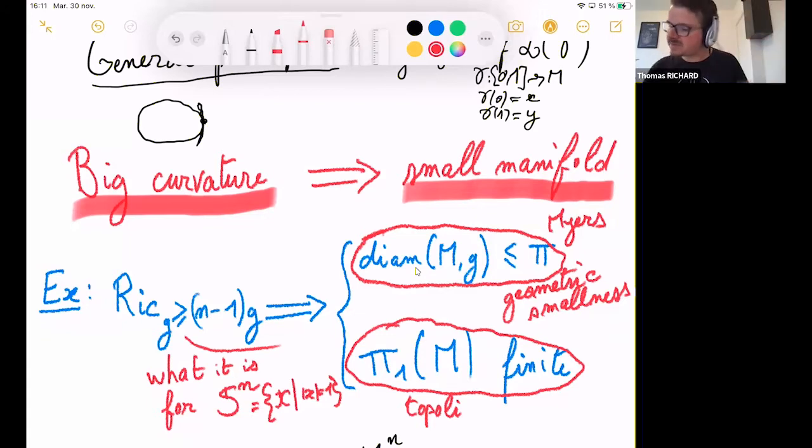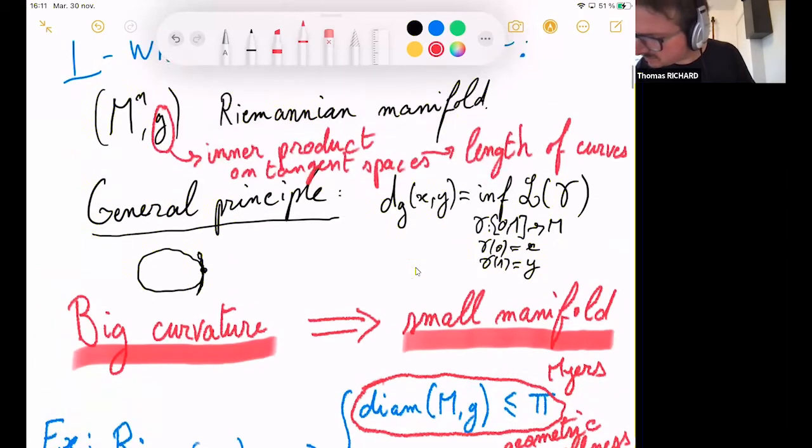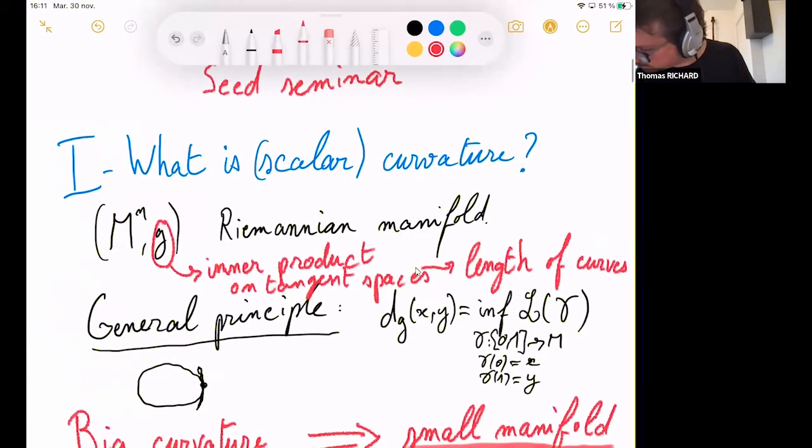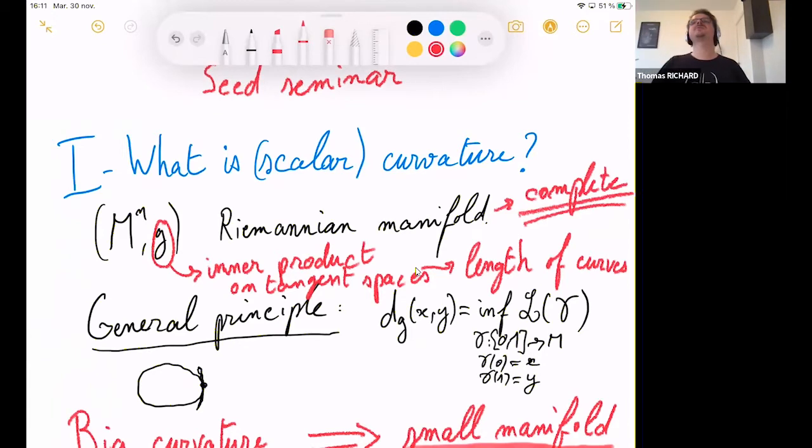I forgot about something: we will assume the manifold is complete as a metric space, which has a nice consequence on geodesics, so that there's a geodesic equation and you can follow a geodesic curve as long as you want. That prevents some kind of holes in your manifold.